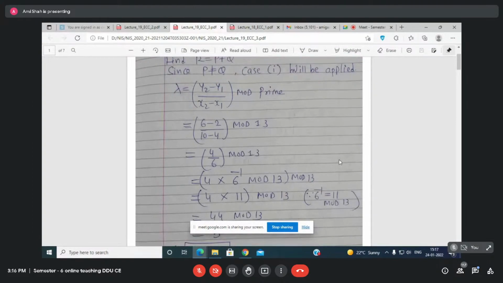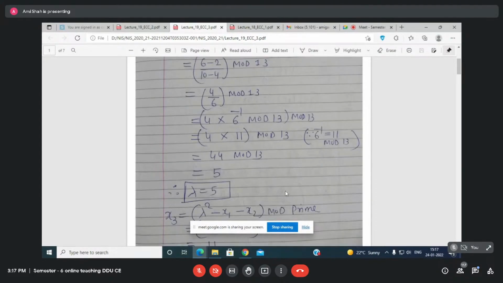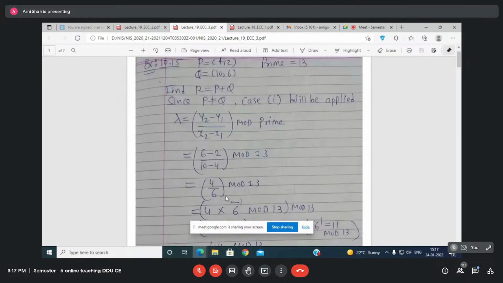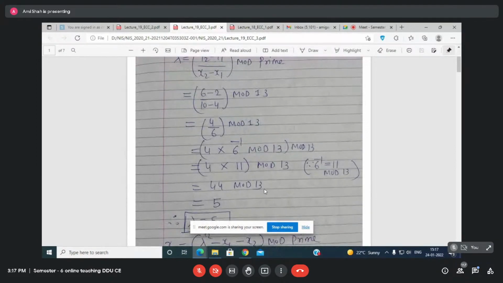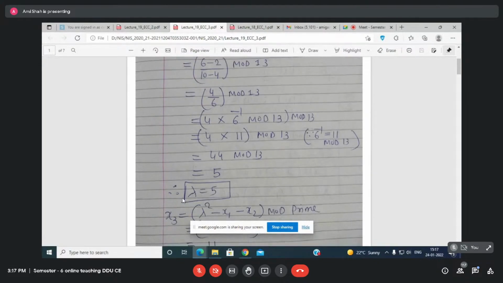That means 4 multiplied by 6 inverse mod 13, so 4 multiplied by 11 mod 13. Finally you get 44 mod 13, which is 5. So the lambda value that I am getting is 5.